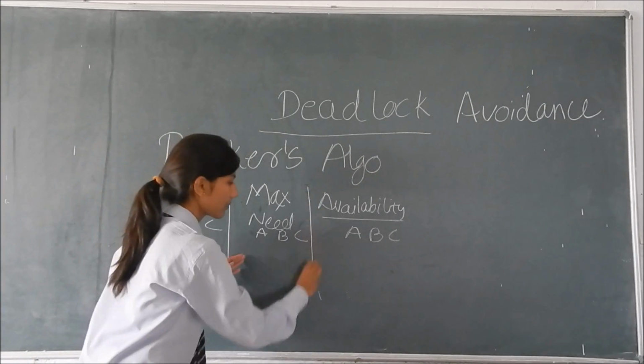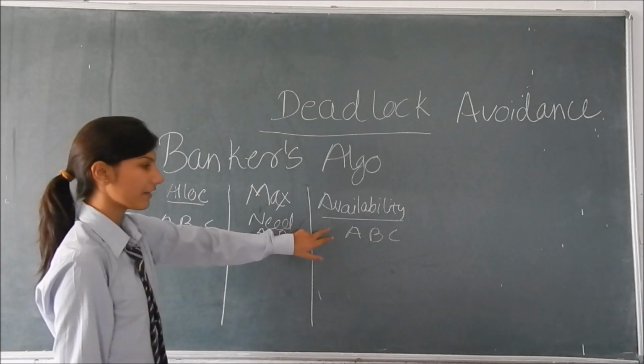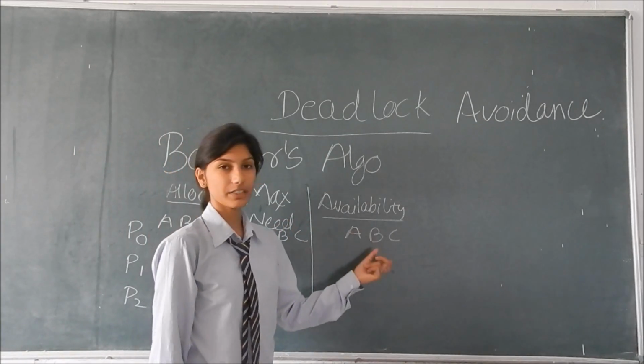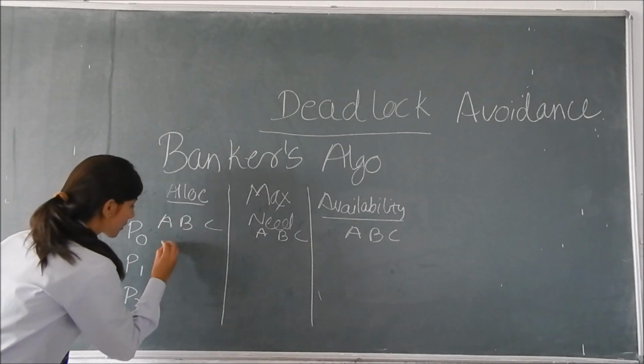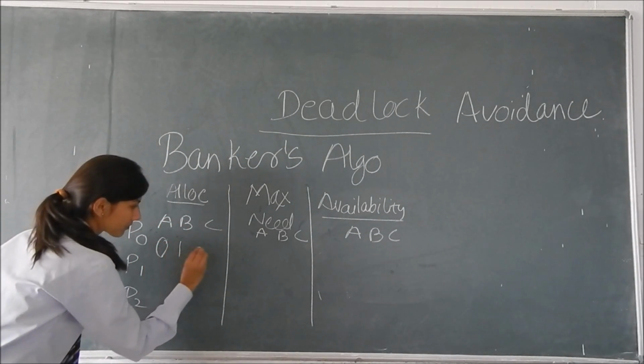Max means the maximum requirement of A, B and C, and availability is the availability of A, B and C at any particular instance. Let us consider that allocation is done in this way.